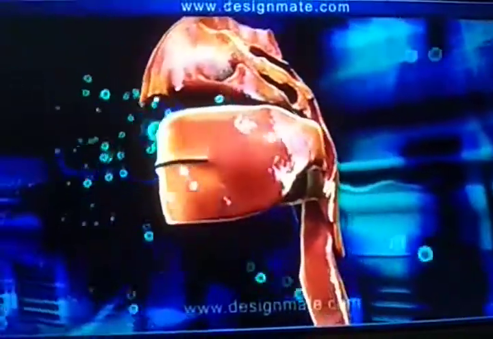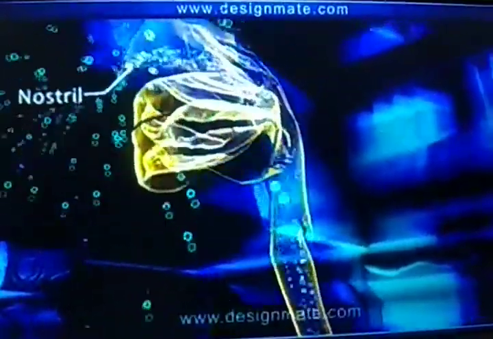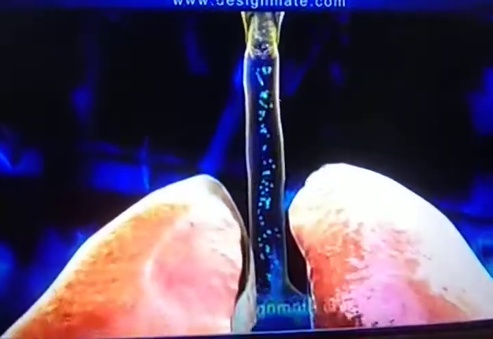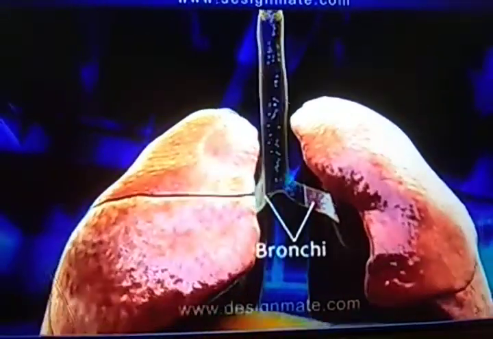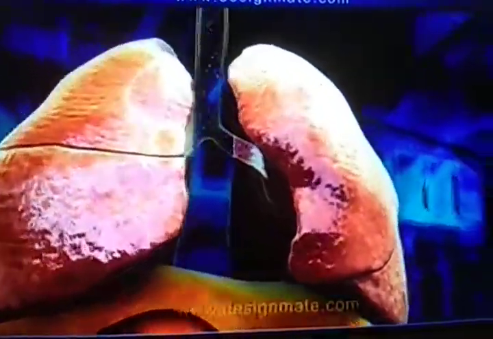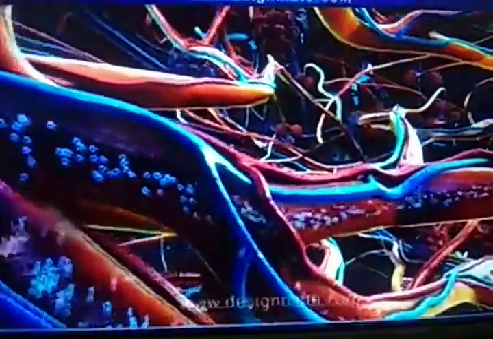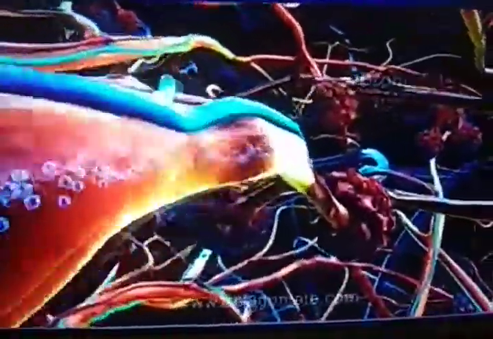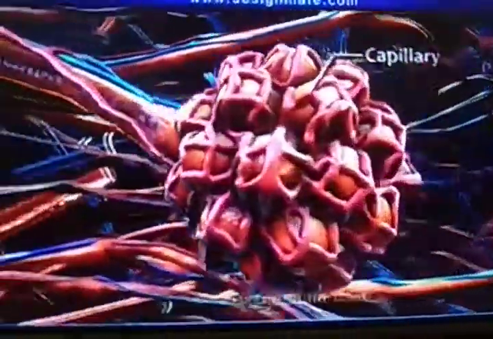So as we breathe in air, the oxygen molecules enter the nostrils and go downward through the pharynx and trachea to finally reach the bronchi. From each bronchus, oxygen travels into the lungs. Within the lungs, the bronchus divides repeatedly to form bronchioles. Oxygen travels through these bronchioles and reaches the alveoli, which is surrounded by a network of capillaries.